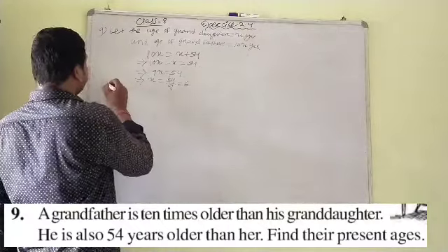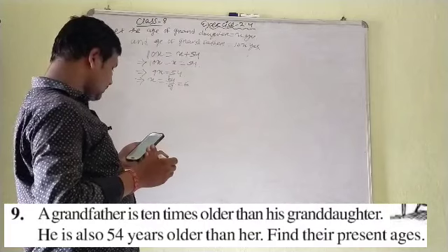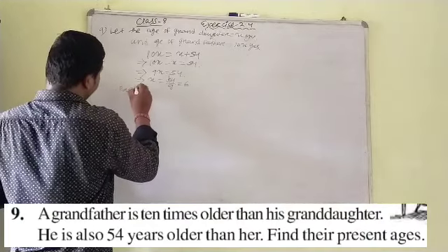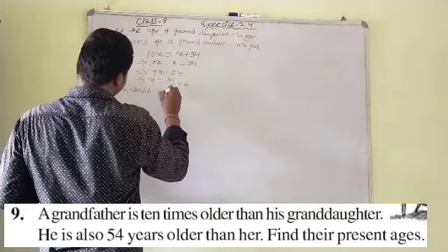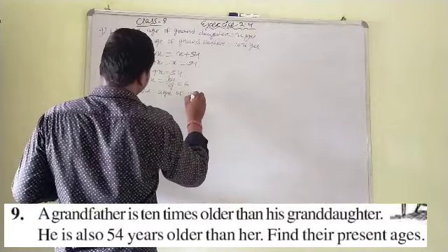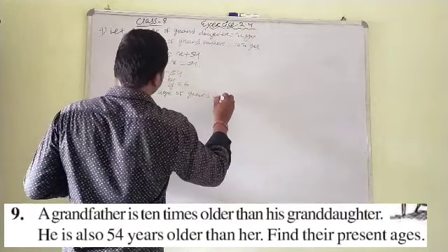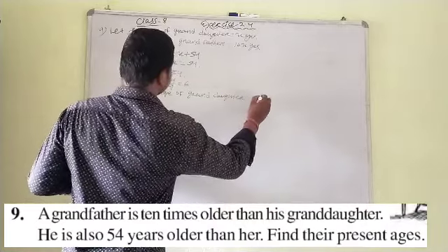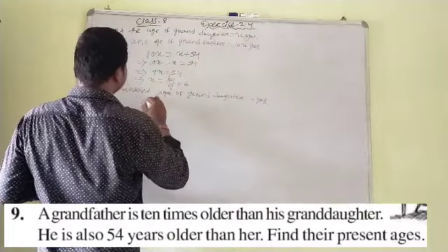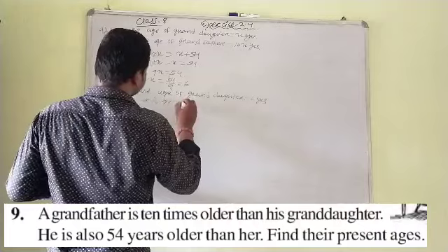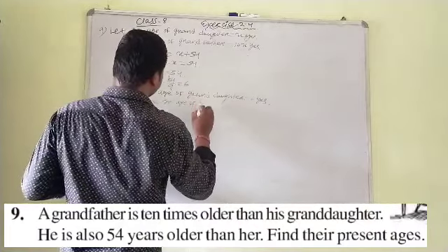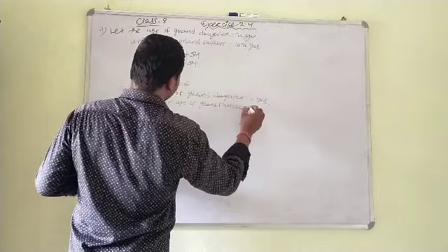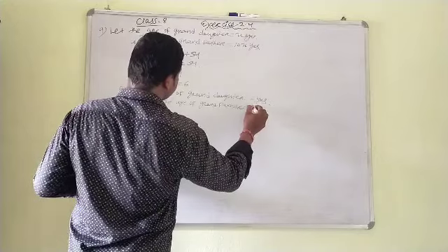So we'll write down here, given, find their present ages. Therefore the present age of the granddaughter is equal to 6 years and the age of the grandfather is equal to 6 into 10, that is 60 years.